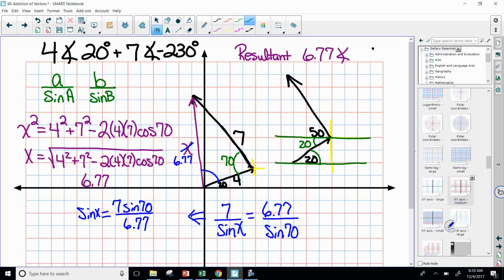Did you type that in? Yeah, what do we have to do though as a final step? If I'm looking for an angle measure, what do you have to hit? Yes, you have to do the inverse sine of that particular value. So go ahead and type that in.